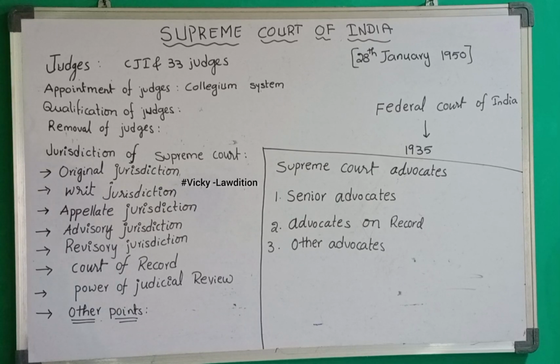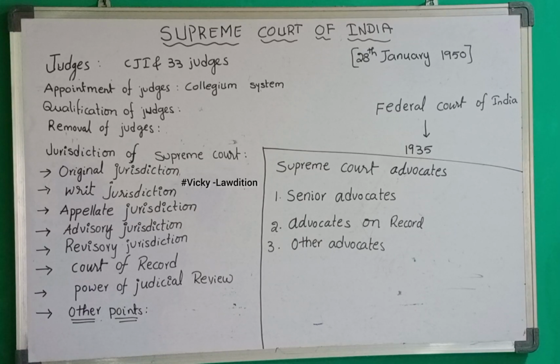Appointment of judges. The judges of the Supreme Court are appointed by the President. The Chief Justice is appointed by the President after consultation with such judges of the Supreme Court and High Courts as he deems necessary.